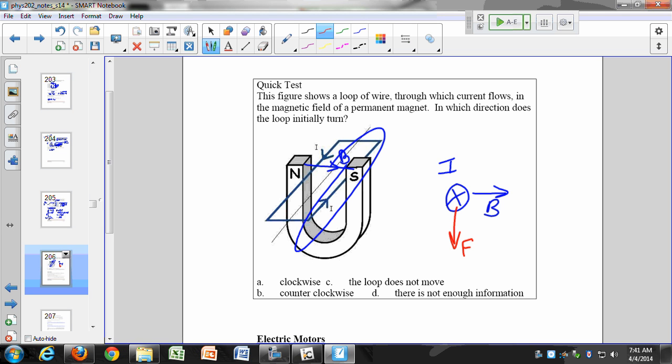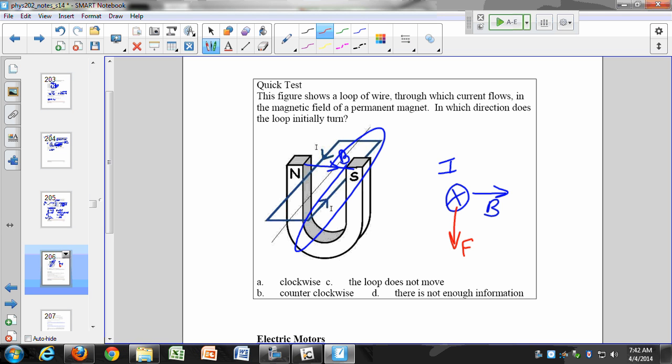Now what happens when this loop turns 180 degrees? What happens to those forces? Now think about it, if you turn this thing 180 degrees, you flip it over, and now this side is going to be over here. So instead of the current going into the page, this side will be over here, the current will be coming out of the page. So what's going to happen to the forces on the loop? They're going to switch.